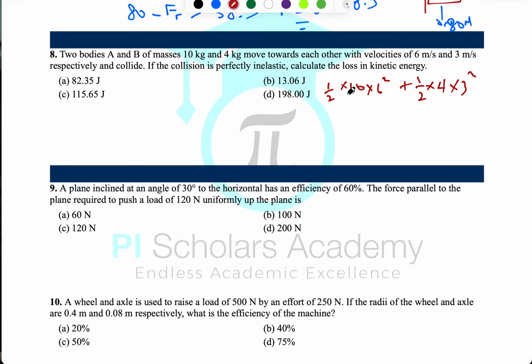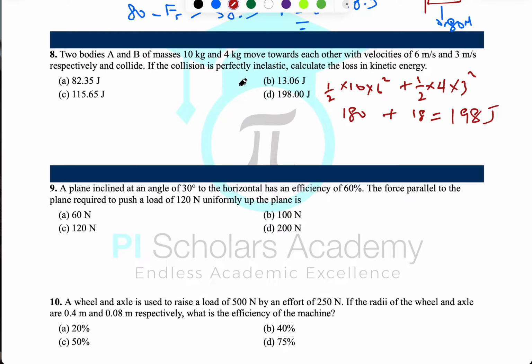So this will be 5 times 36, that's 180, plus 2 times 9, that will be 18. So total energy here is 198 joules. That's the initial. Now let's find their common velocity.